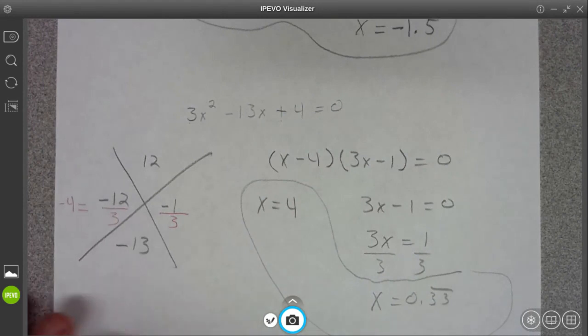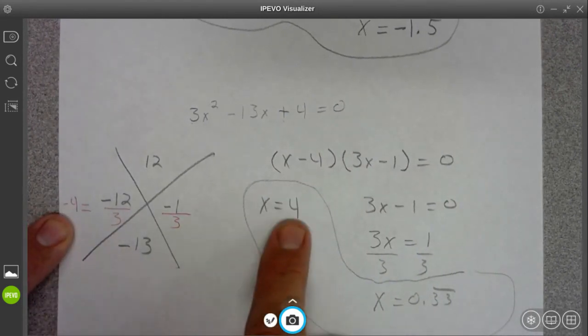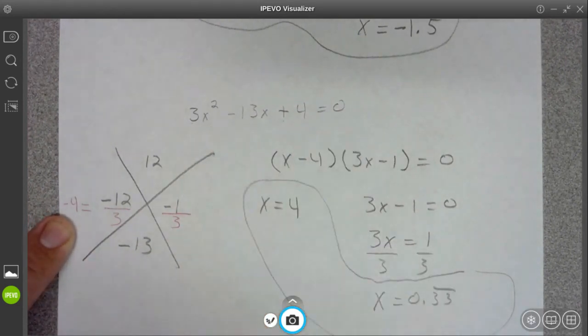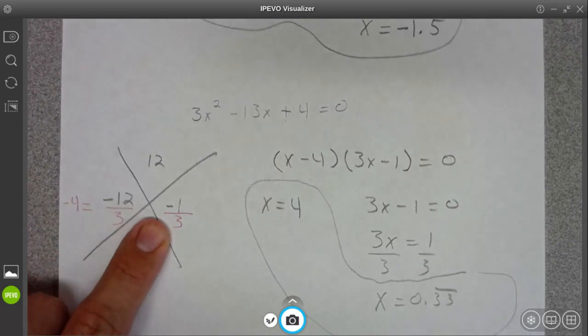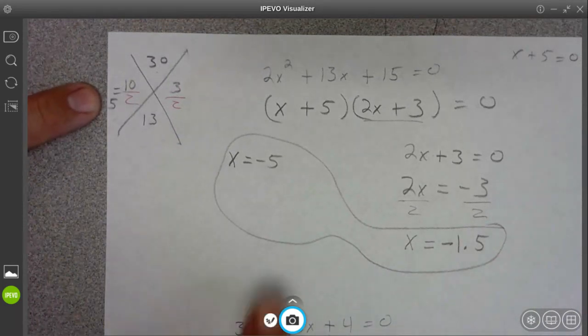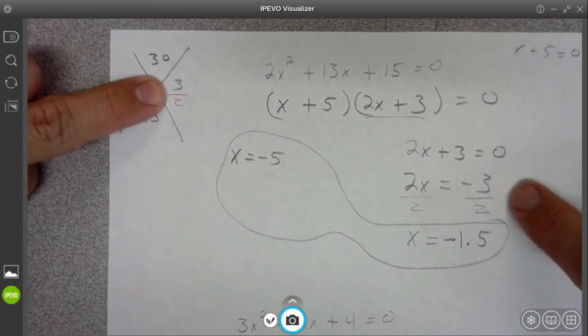But you'll notice in both examples, if this was a negative 4 over here, the answer was positive 4. That's the number that you would plug in for x to get 0. If it was negative 1/3 here, we got positive 1/3 for our answer. It was the same thing up here. 5, negative 5. Positive 3/2, negative 3/2 is the answer.